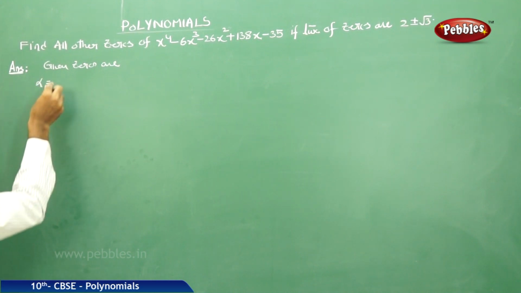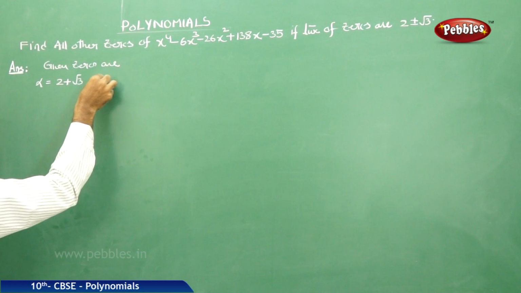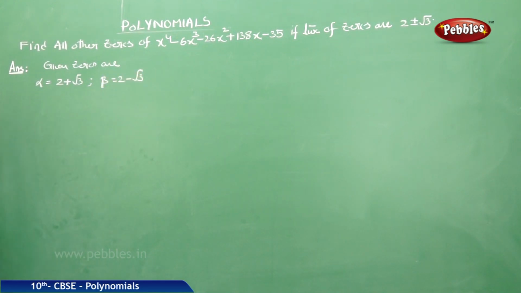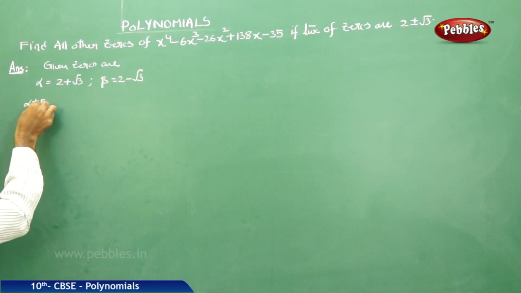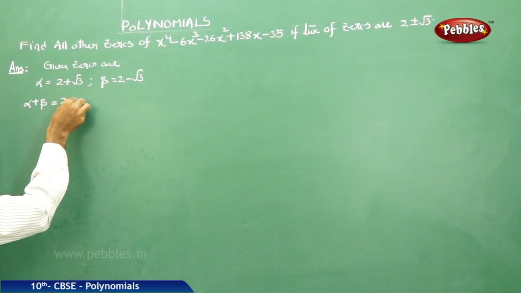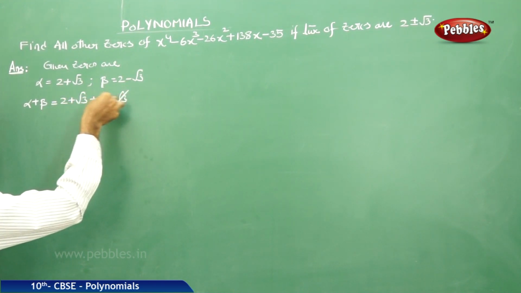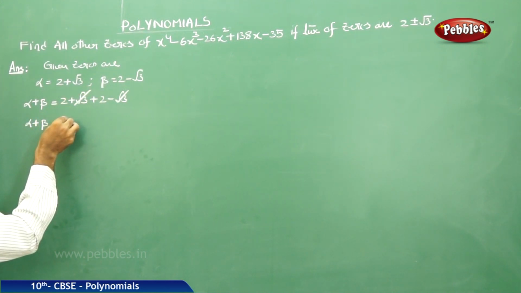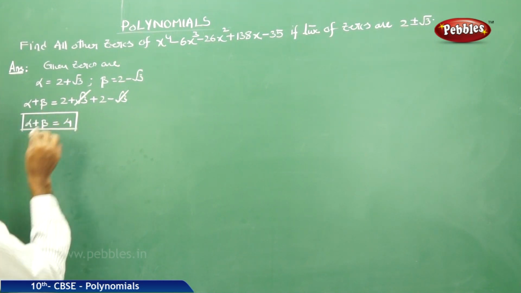alpha is equal to 2 plus root 3, beta is equal to 2 minus root 3, that is alpha plus beta is equal to 2 plus root 3 plus 2 minus root 3. Root 3 gets cancelled, alpha plus beta is equal to 2 plus 2, nothing but 4. This is alpha plus beta.